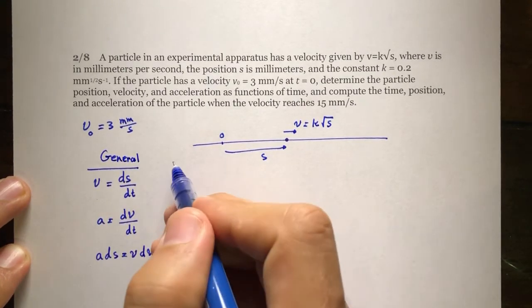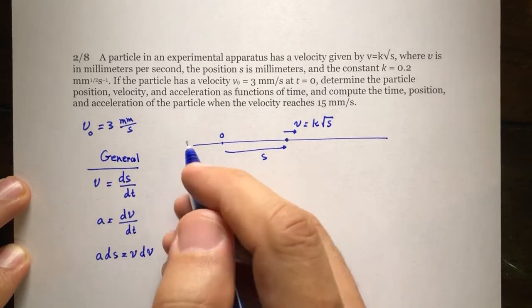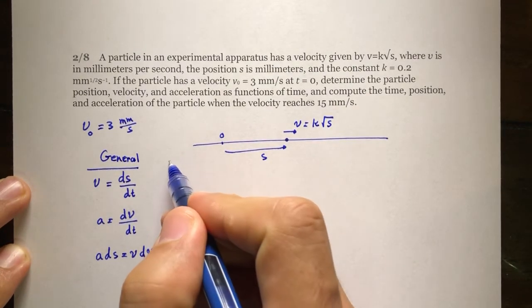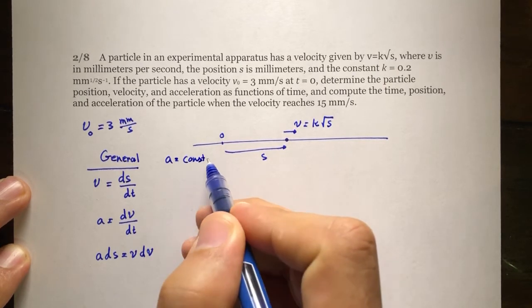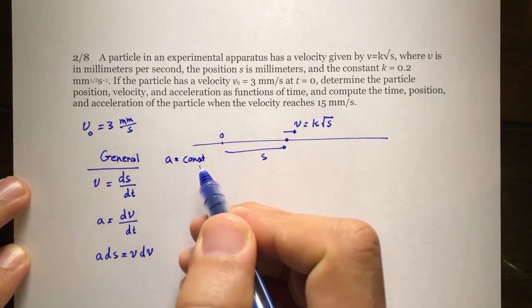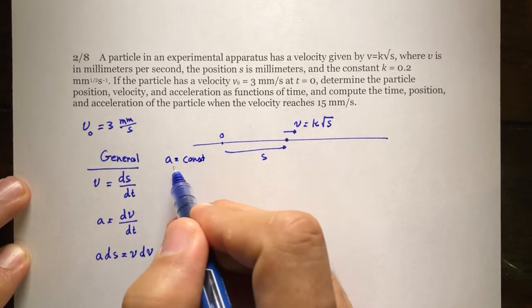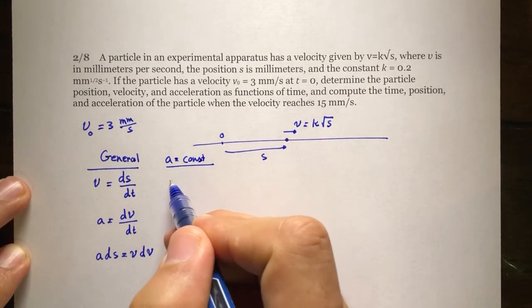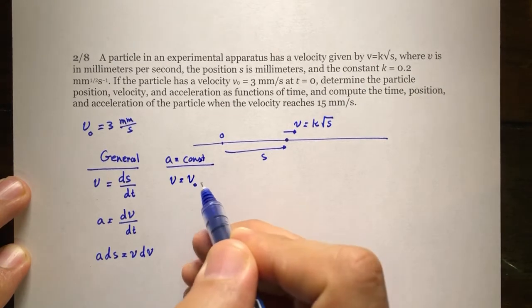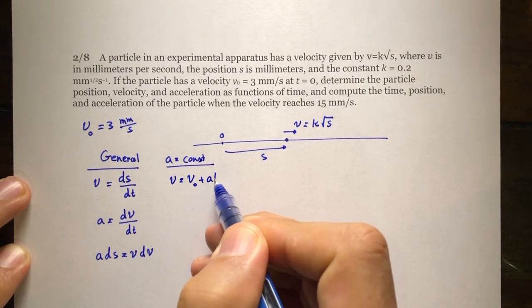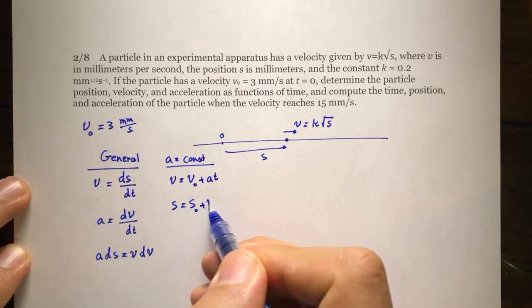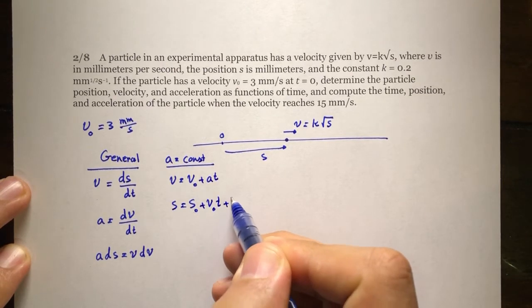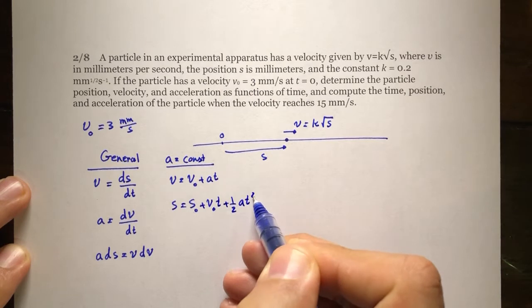And we had three other equations, algebraic equations for the acceleration constant case. So if the acceleration is constant, then we had velocity is equal to initial velocity plus a times t. Position is equal to initial position plus initial velocity times t plus 1/2 of a t squared.